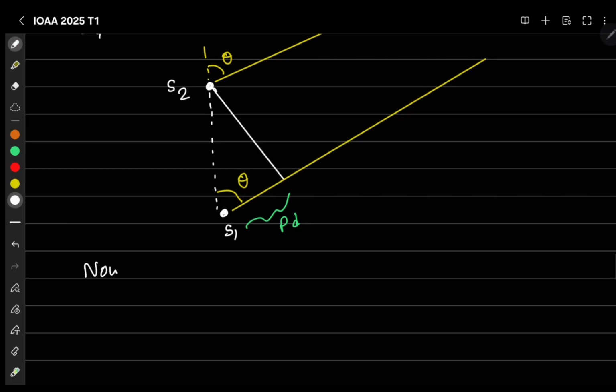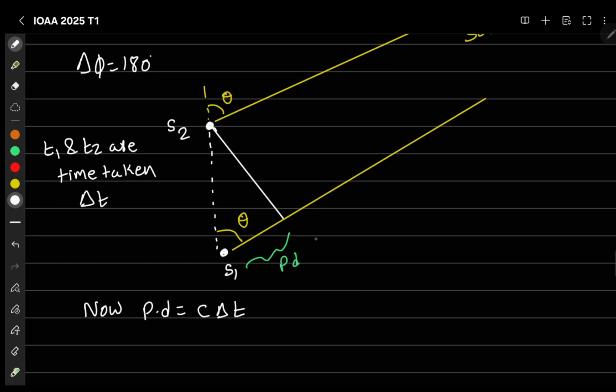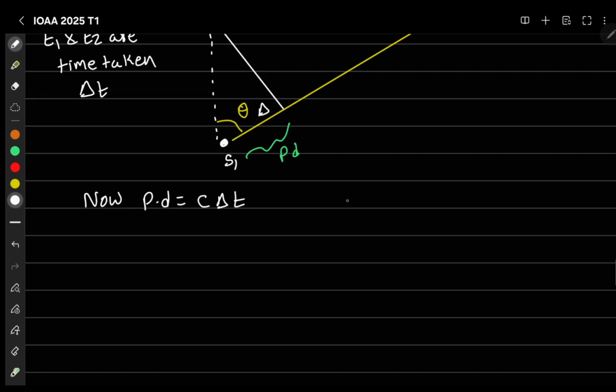Now path difference can be given as c delta T. If T1 and T2 are the times taken, I am observing a light, there exists some delta T. So in that delta T amount, it must have moved this much, so I can simply write path difference as c delta T. Similarly, from geometry I can write path difference as 2r cos theta.